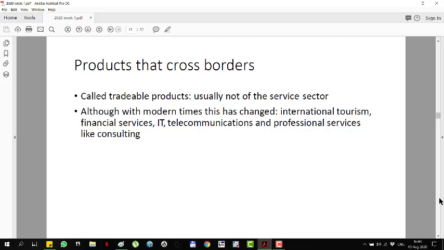We can even have professional services that cross borders. You don't need to physically meet someone across the border to help them with law. You can just call them and say, this is the process you need for opening a firm. So generally speaking, a tradable product is not from the service sector, but remember there are exceptions to this.